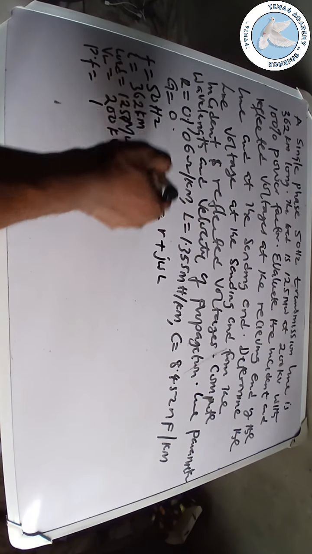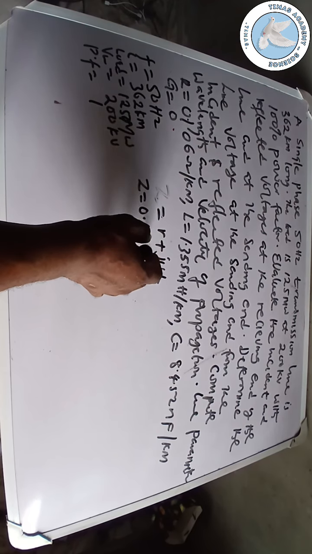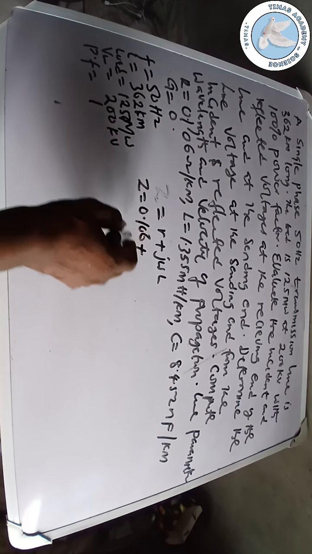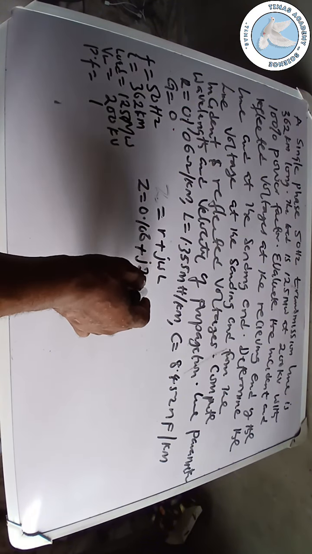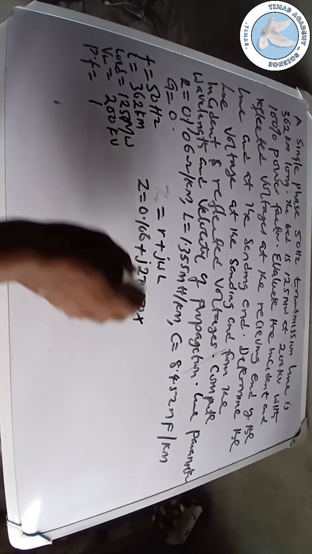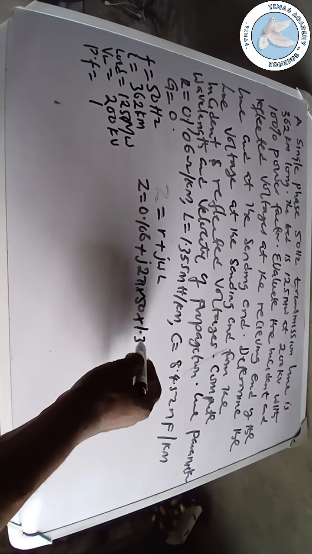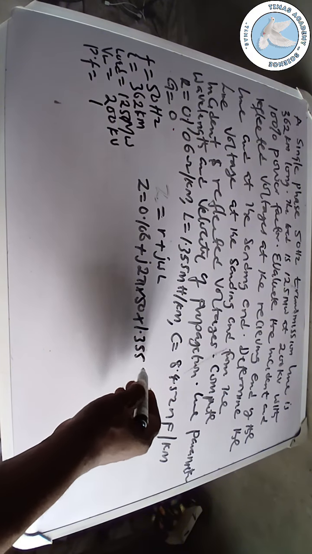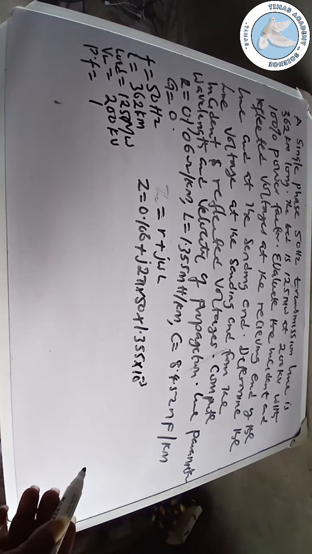So from what we are given, 0.106 plus j, the frequency is 50, and this was in millihenry, so we introduced that.